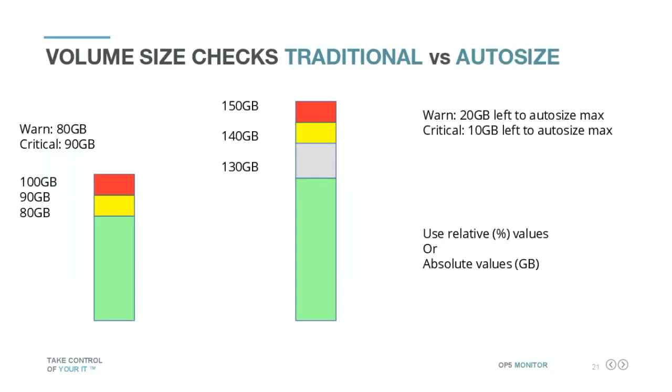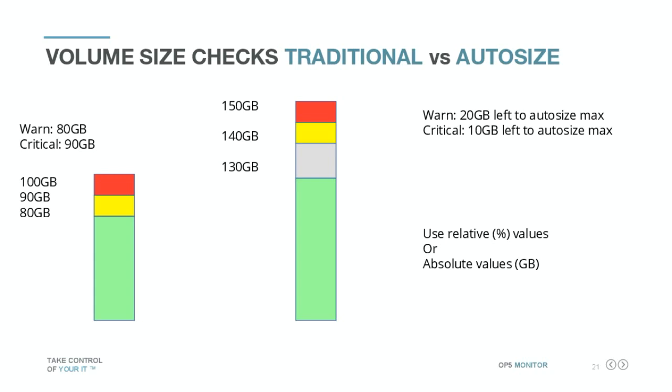Okay, one example of how we can treat volume size checks. On the left side, you can see the traditional volume or flex volume, whatever. It's a 100 gigs volume. If you have set the limit for warning to 80 and critical to 90, you get those alerts when it happens.